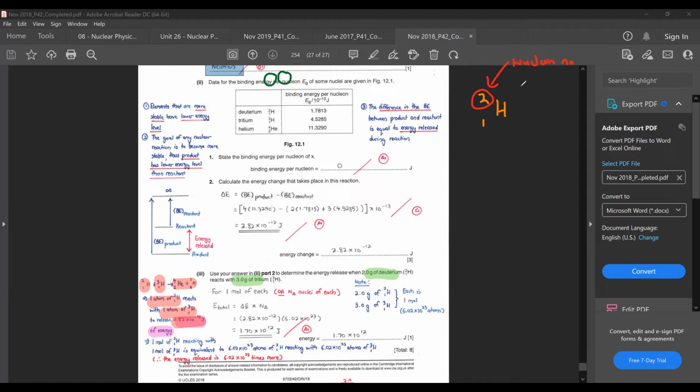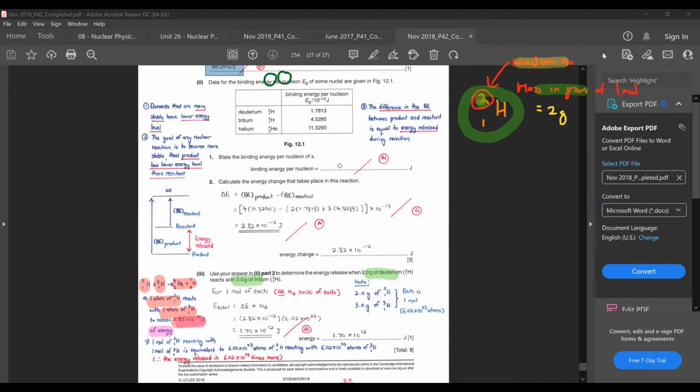But we can also say that this is the mass in grams of 1 mole of deuterium. There are two meanings to this number. The one we commonly associate with is the nucleon number, but in chemistry you learn another thing: if you want to know the mass in grams of 1 mole of this element, this is the mass. So the mass in grams of 1 mole of deuterium is 2 grams.